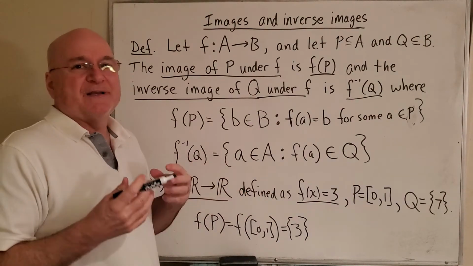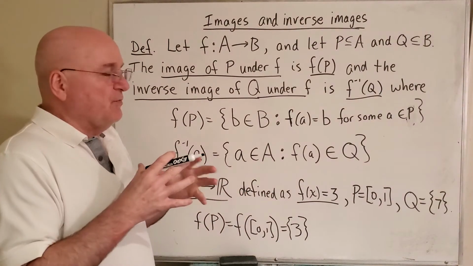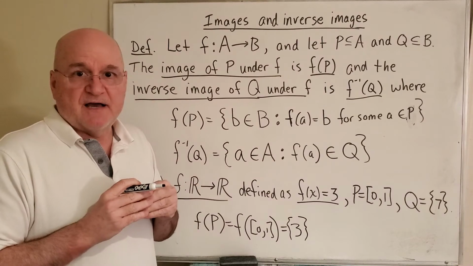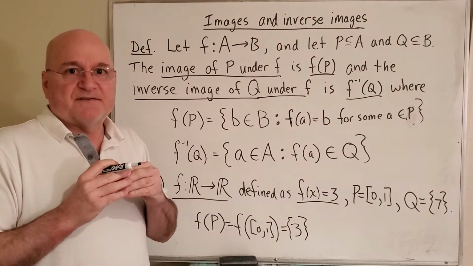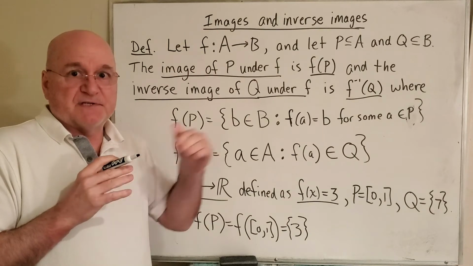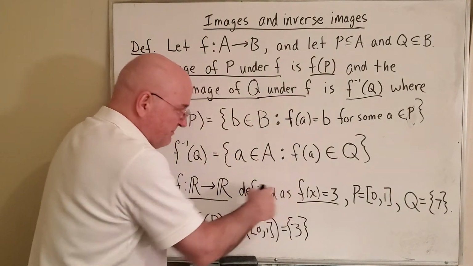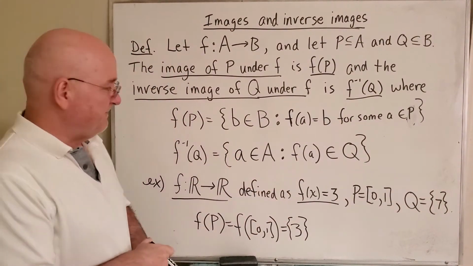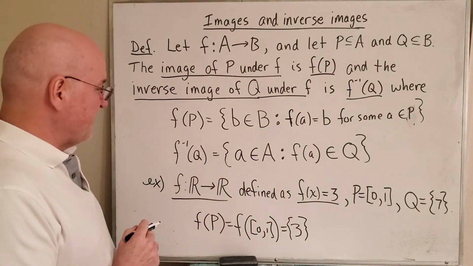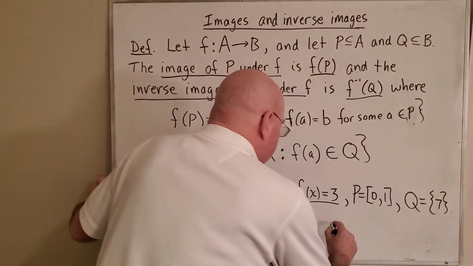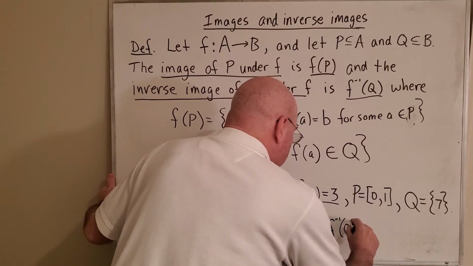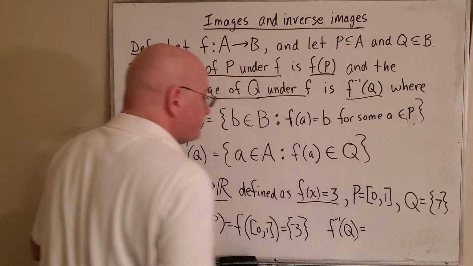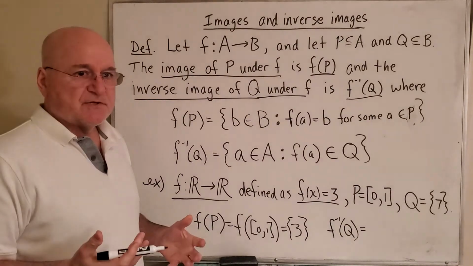Technically, it doesn't matter what subset you take of the real line. Whatever that set is, call it S. The image of S is the number 3 because of the function being the constant function 3. Now let's take a look at the other one. What is F inverse of Q? What do you ask yourself?